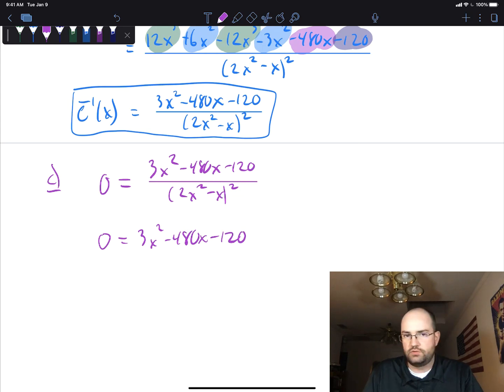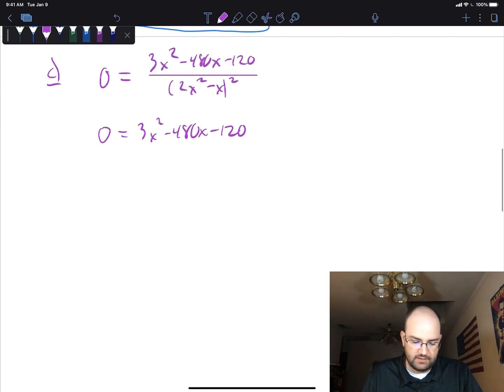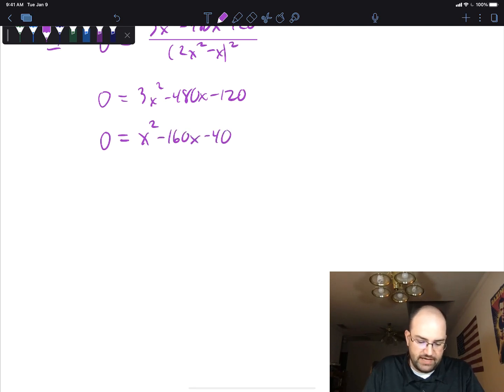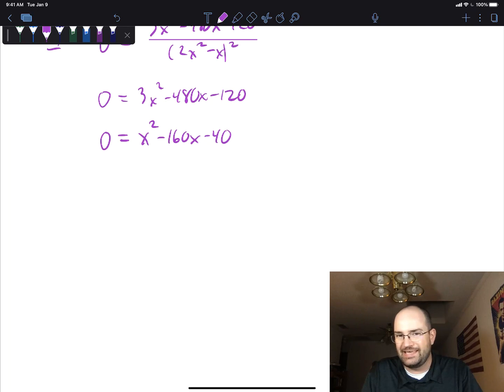And I already showed that you can divide everything there by 3, so let's go ahead and do that. So it gives me 0 is equal to, because I'm dividing 0 by 3 as well, x squared minus 160x minus 40. But that can't be factored, and since that can't be factored, it has to be solved using the quadratic formula.